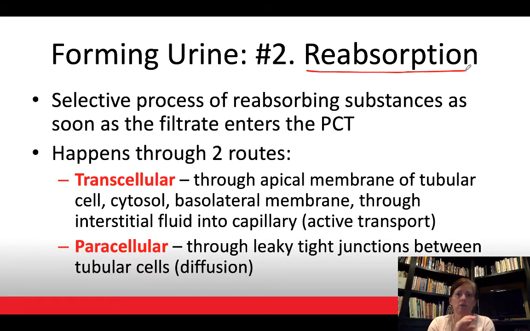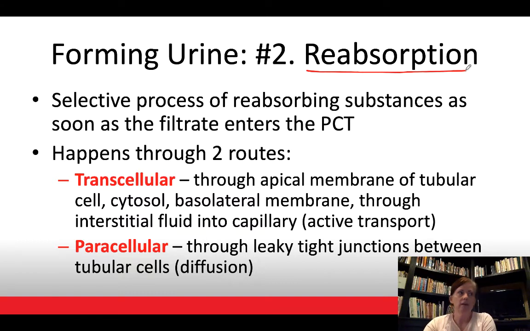This was generically called the peritubular capillaries, or if it was a juxtamedullary nephron, it was specifically called the vasa recta, because of the way that peritubular capillary went along that long nephron loop. So that's the capillary bed where these substances are going to be reabsorbed.